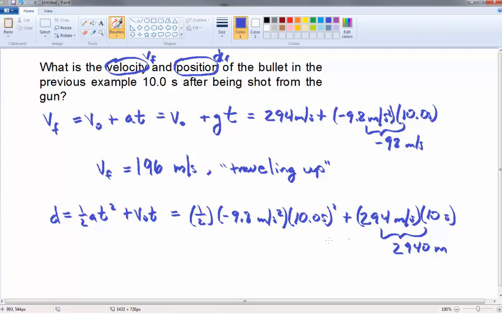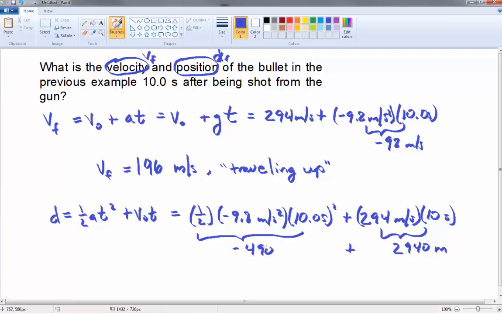This quantity right here, half of negative 9.8 is negative 4.9. That times 10 times 10. So 4.9 times 10 is 49, times another 10 is 490. So we have negative 490 meters here.